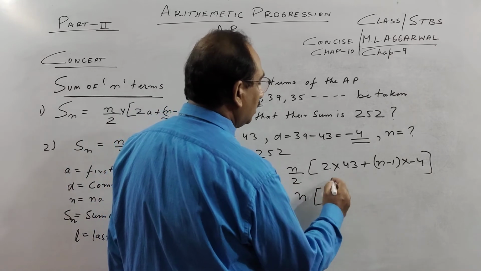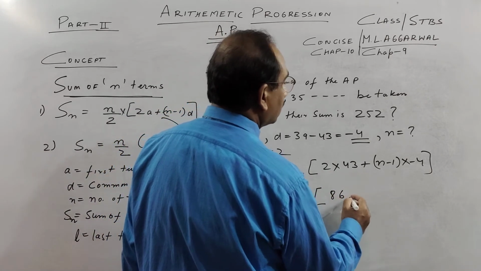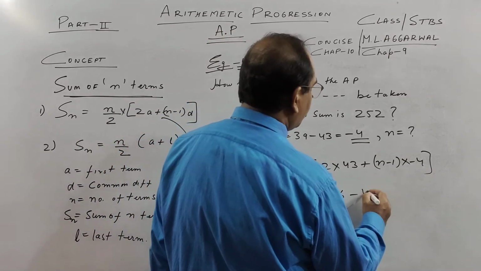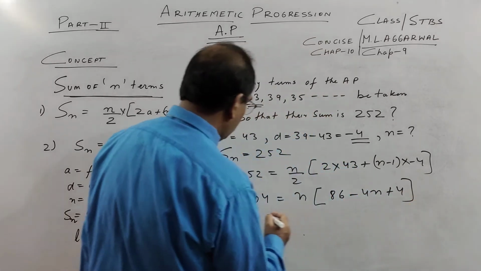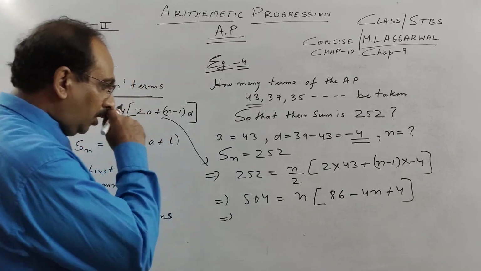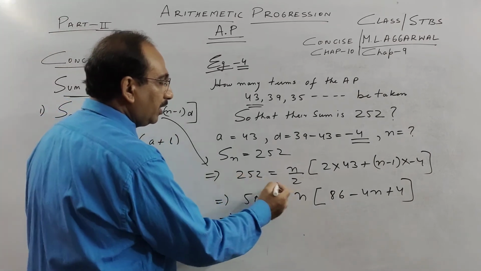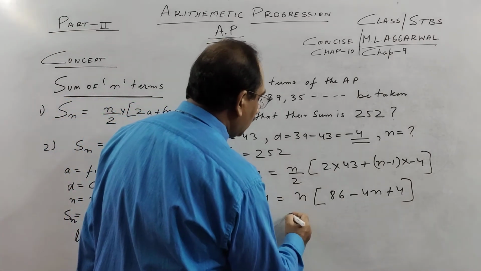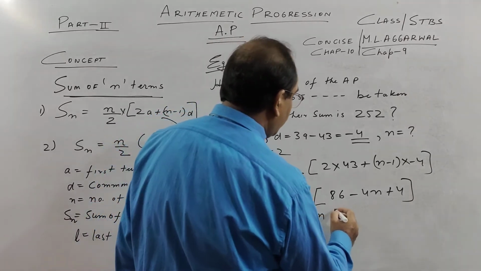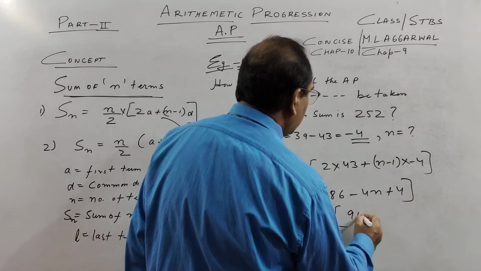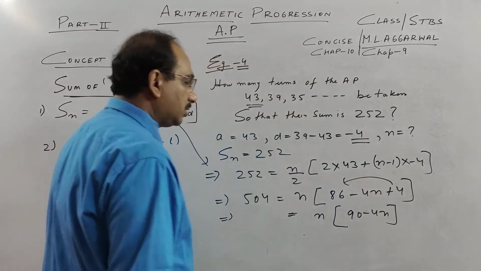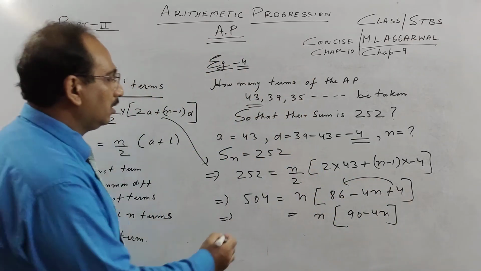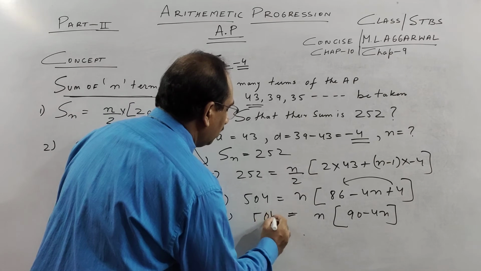Now let n be here. So what do we get here? 86 minus 4n plus 4. The 2 comes here already; we have brought it over here. So here we get n into 90 minus 4n, and here we have 504.